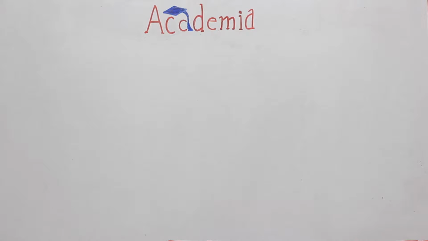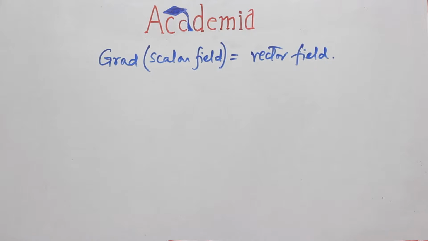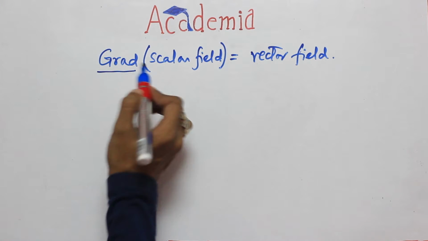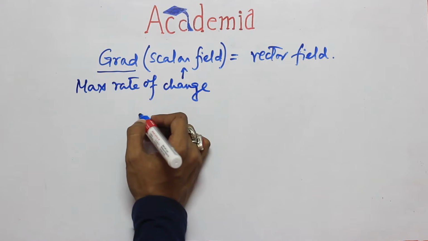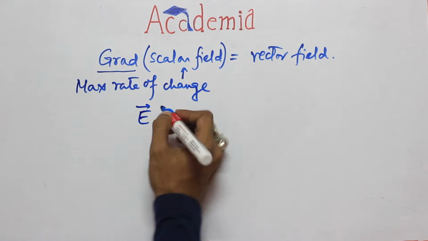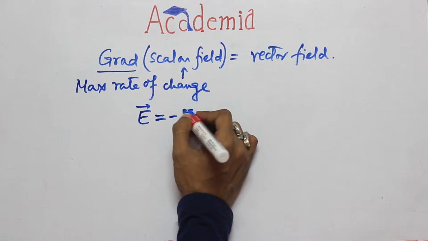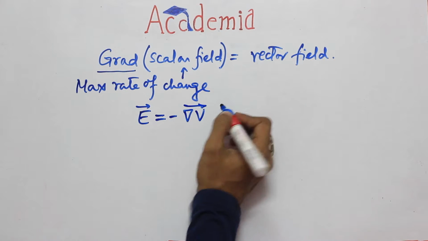Welcome to Academia. In our earlier class, we have already seen that a gradient of a scalar field produces a vector field, where gradient measures the maximum rate of change of that scalar field. For example, electric field is equal to gradient of potential, where potential is a scalar field.